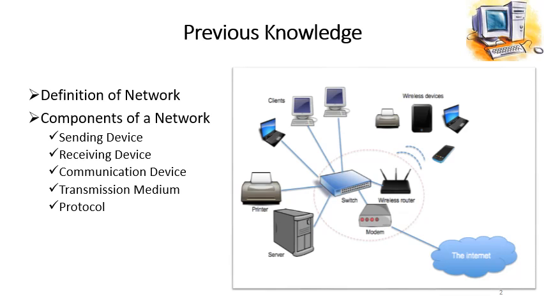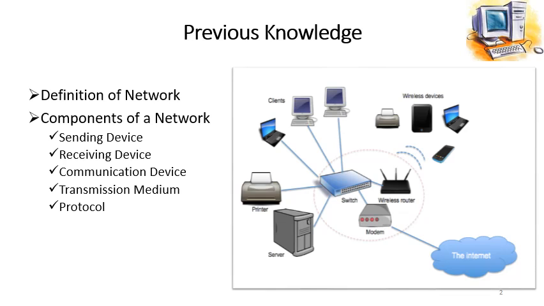So here in this diagram, it contains all of these basic components which are listed here. If we see the sending devices, in this diagram, mobile phone, laptops, these client computers as well as the server, they are actually the sending devices.